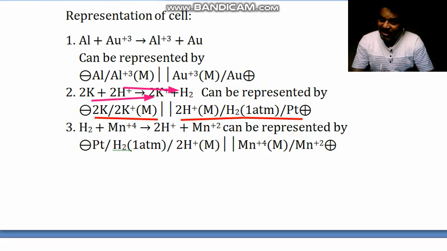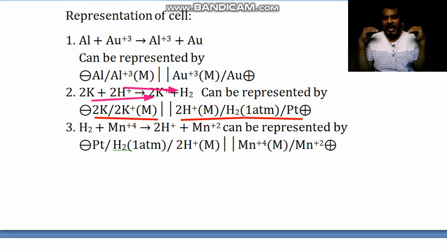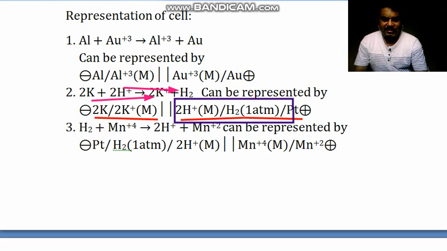That's why platinum should be here. Anytime hydrogen is taken, its half cell can always be written in this pattern: H plus, then H2, then platinum, with hydrogen pressure in atmosphere and H plus ion with its concentration. Here it is taken as a cathode, but here it is taken as an anode.